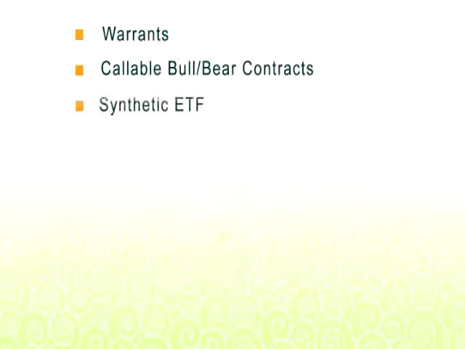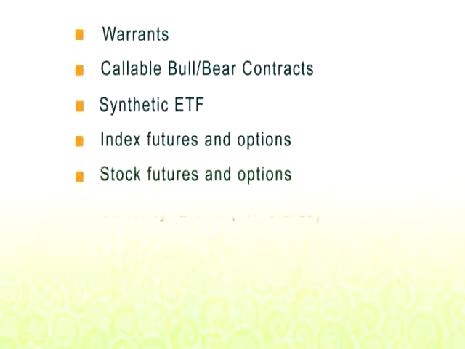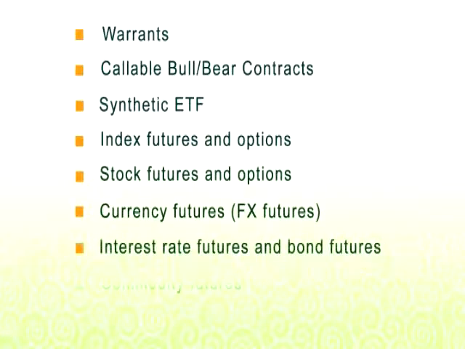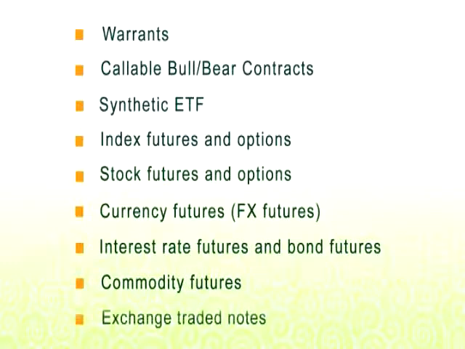Synthetic ETF, such as 2823 FTSE A50 China Index ETF. Index futures and options, stock futures and options, currency futures, FX futures, interest rate futures and bond futures, commodity futures, exchange traded notes.